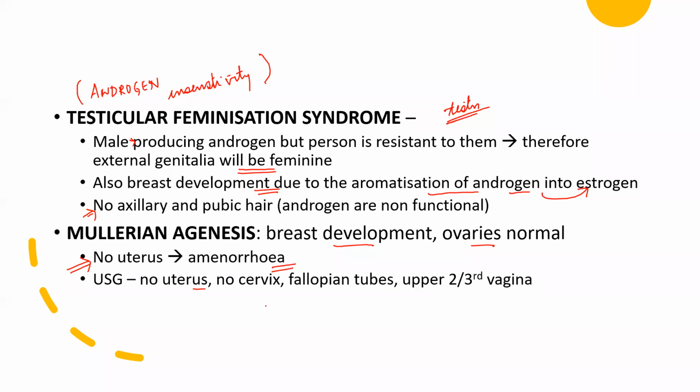These are the things which are derived from the Mullerian duct, right? So if Mullerian agenesis occurs, there is no uterus, no cervix, no fallopian tube, and the upper two-third of the vagina is not there. But here, the ovaries are present and the lower one-third of the vagina is present. So this is about Mullerian agenesis.